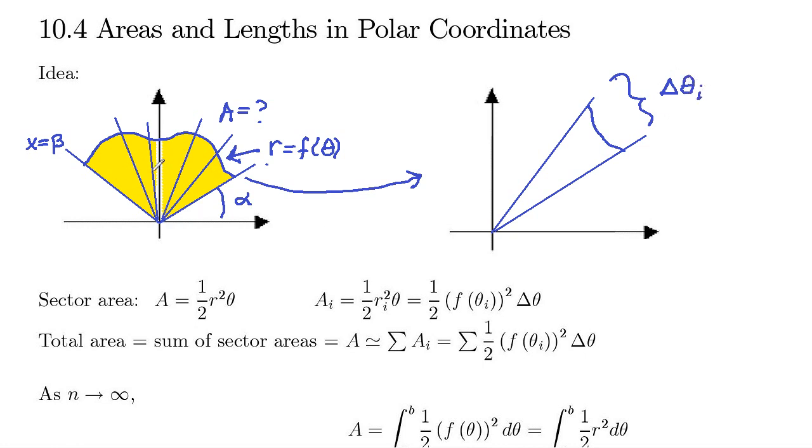So we pick out the ith slice of this, and then we want to approximate it. There is some starting and ending angle here for those two pieces. This is the change in the angle.